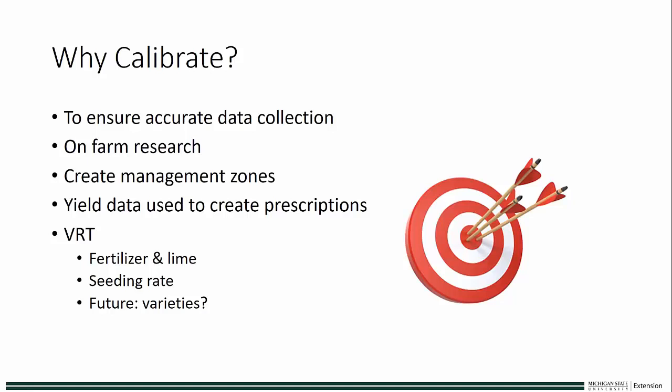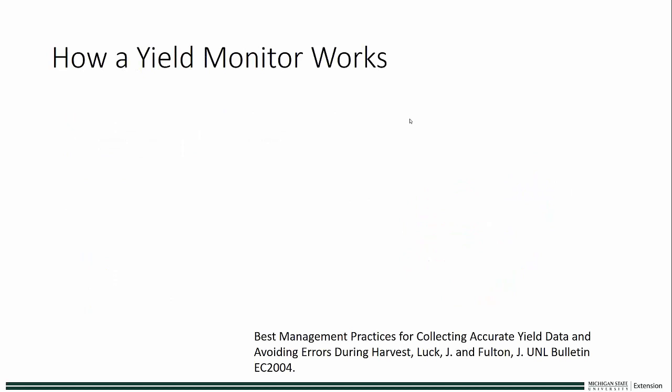So if you're going to use your yield monitor data to make any kind of management decision, whether it be nutrients or anything else, you need to have good quality data that you're using to make that analysis.